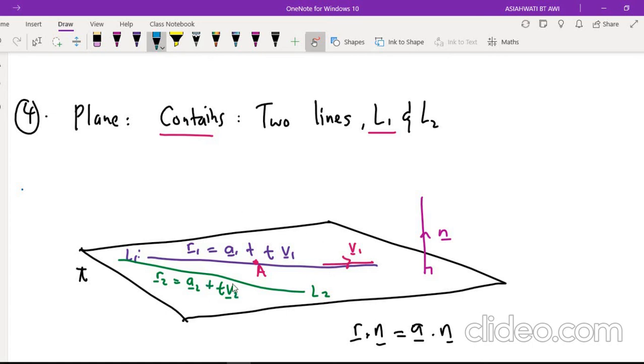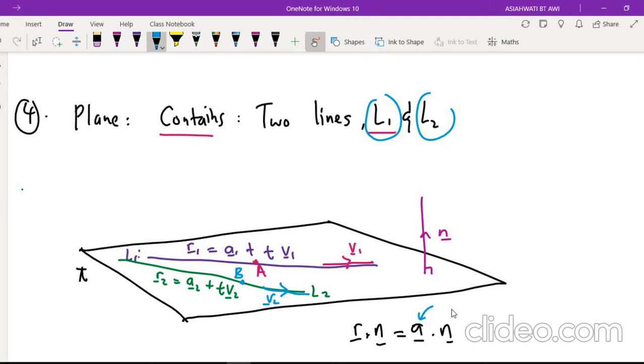For L2, this is a fixed point, let's say coordinate B, and V2 gives direction to L2. Point A lies on line L1, point B lies on line L2, and both L1 and L2 lie on the plane, so points A and B also lie on plane pi.